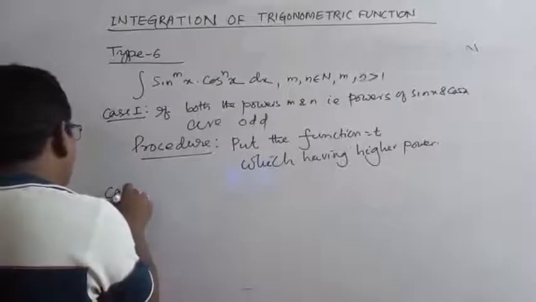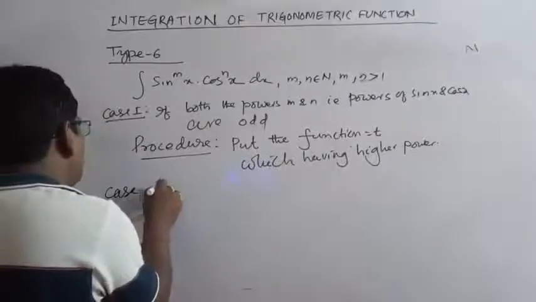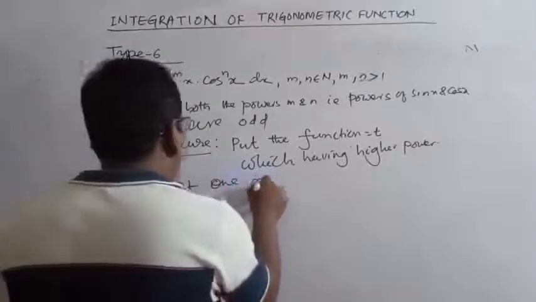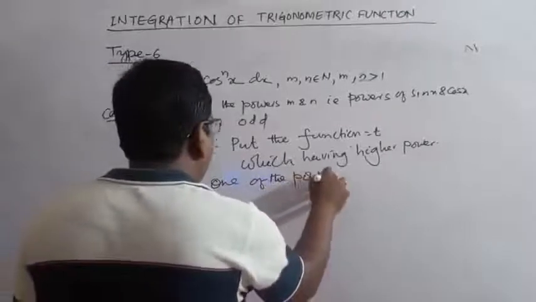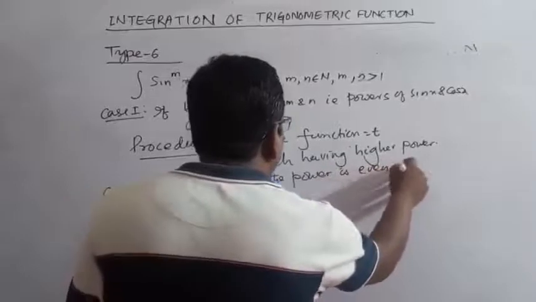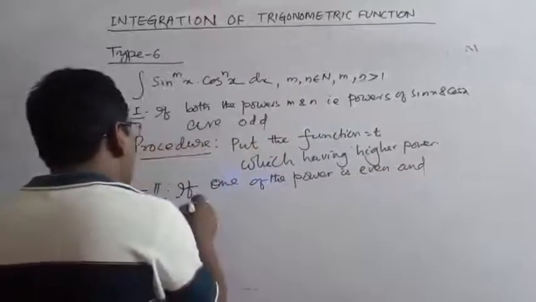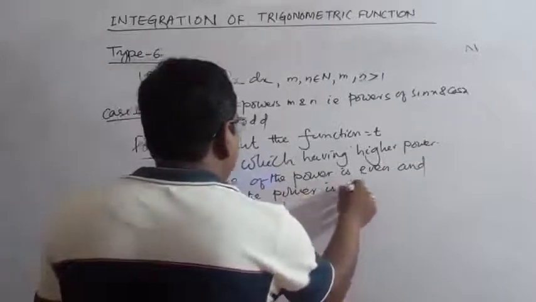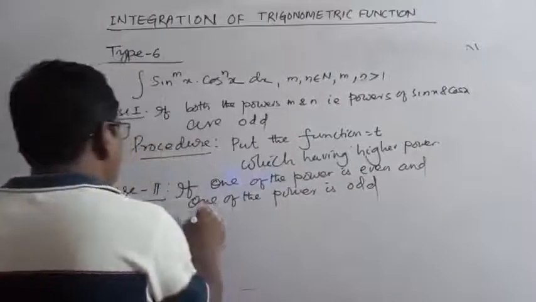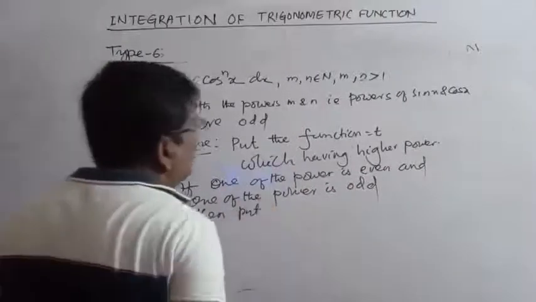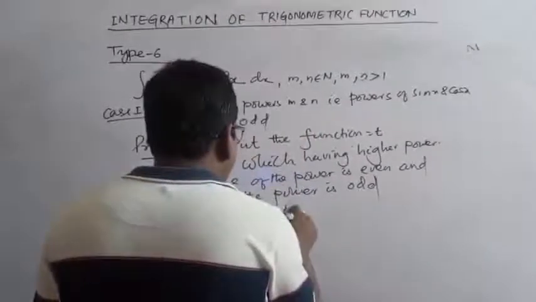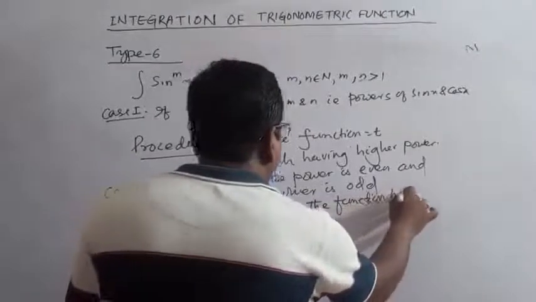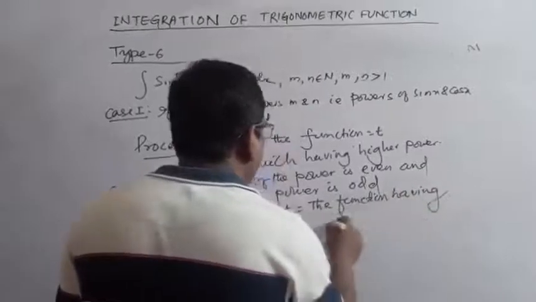Case number 2: if one of the powers is even and one of the powers is odd, then put t equal to the function having the even power.